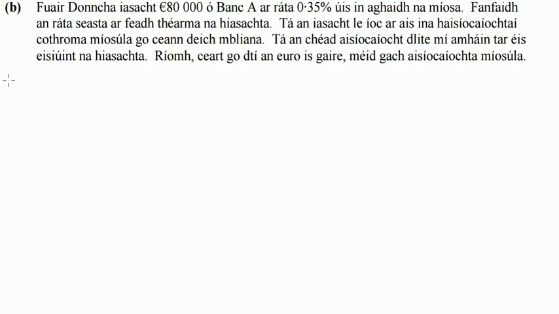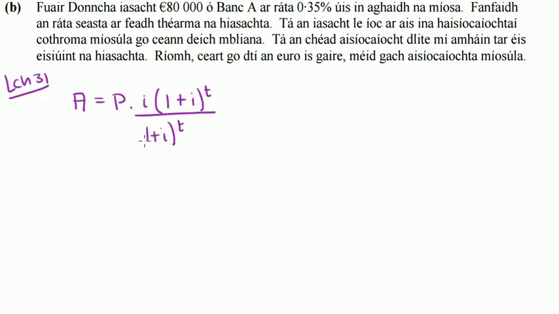So the first thing we're going to do is look in the log tables for the formula that we need for repayments of loans. So if we look at page 31, we have a formula. A is equal to P multiplied by I by 1 plus I to the power of T over 1 plus I to the power of T minus 1.